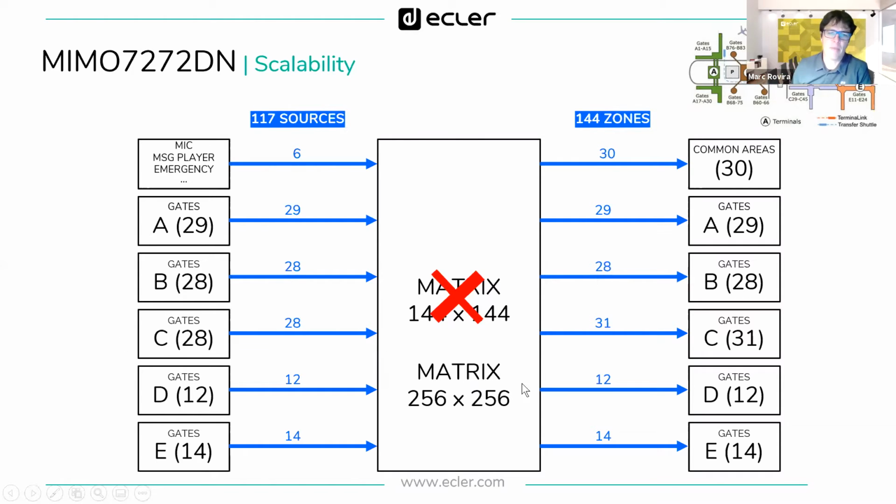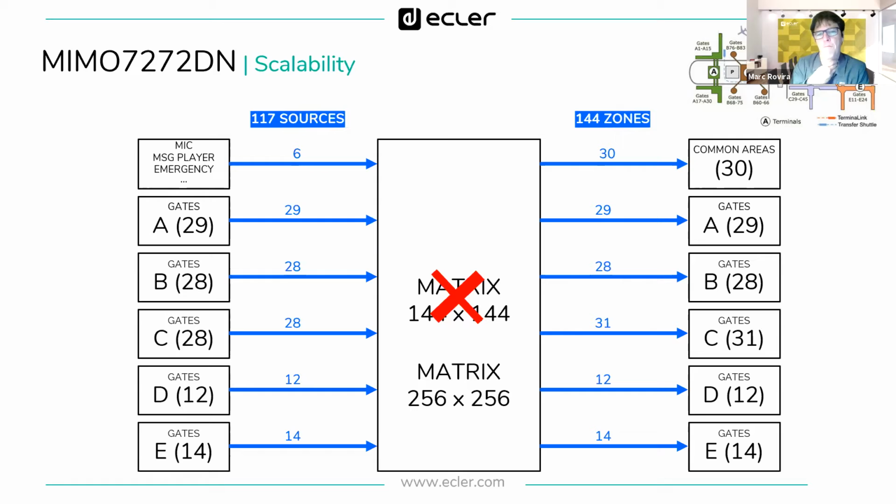So you will maybe find a matrix like that, or maybe there's no matrix like that and you have to go to 512. Think about it, because it's not a very cost-effective way of designing. A big matrix like that can cost up to $30,000 or $35,000.